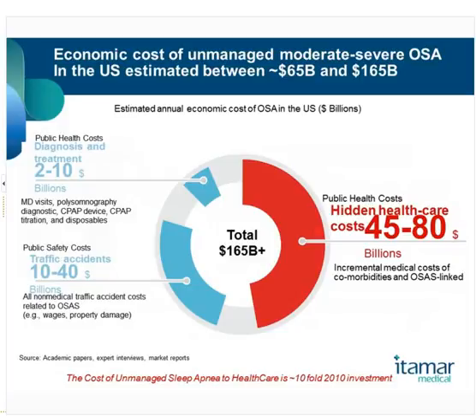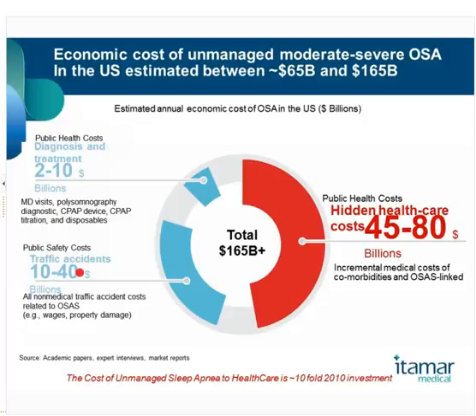There's an economic cost associated with undiagnosed and unmanaged moderate to severe sleep apnea, with the estimates being between $65 and $165 billion. And this circle graph breaks down how these costs are attributed. You have public health costs, you have expenses associated with diagnosis and treatment. These public health costs are sort of general health risks to the overall population.